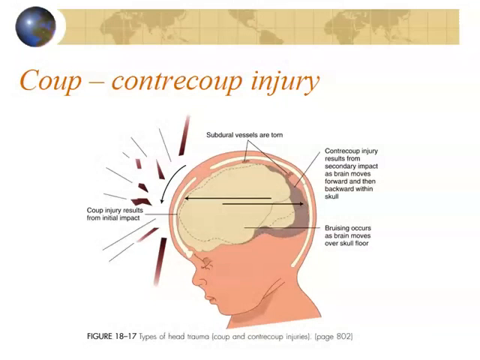The point I want to make about a coup injury, a contra coup injury, is that the contra coup injury doesn't show up immediately. It usually takes about 10 to 12 hours to show up unless it's a really severe injury. My dad fell off of a ladder onto a cement floor, hitting it with his head when he was changing a garage door opener.